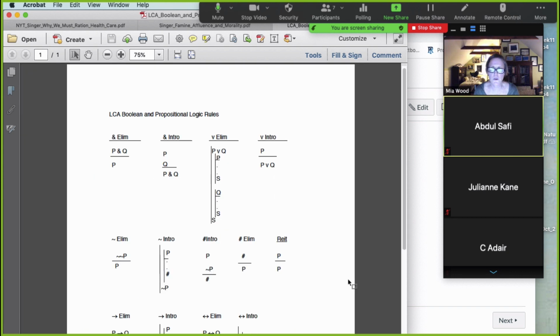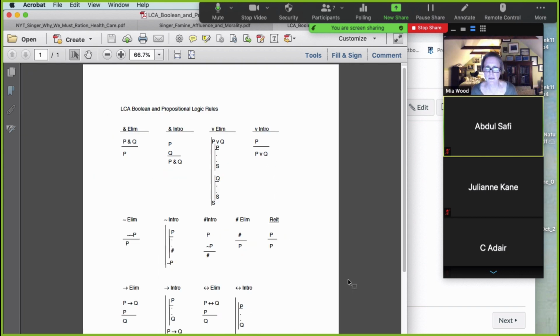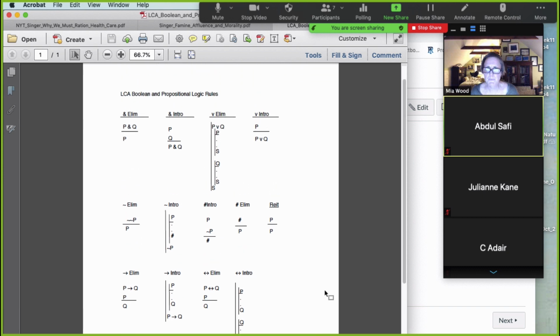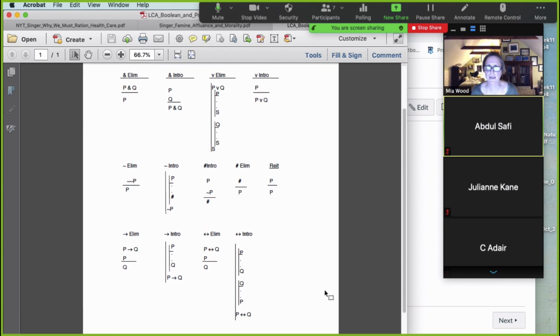Okay, let me just make this a little bit smaller so we get everything in. So, Abdul, to address your really good point, especially because we're involved in strategic thinking here. When you think about the subproof rules, disjunction elim, negation intro, and then the propositional intro and elim rules, conditional intro and biconditional intro, you've got your strategic rules.